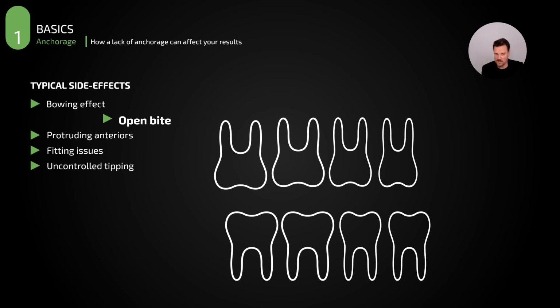That's the reason why, in the treatment planning process, sometimes we need to do a little more proclination of the upper anteriors. We need to create a little more space. And this is what we will also show you, in the different software.